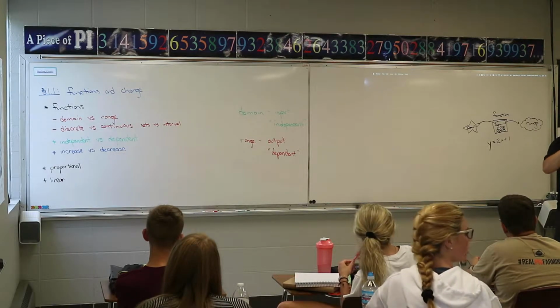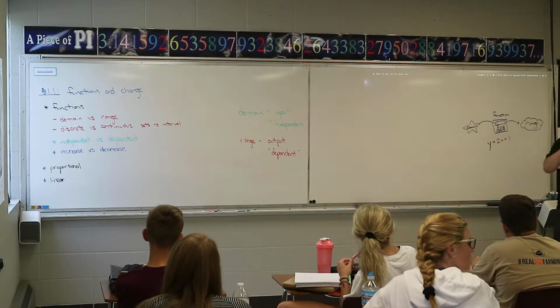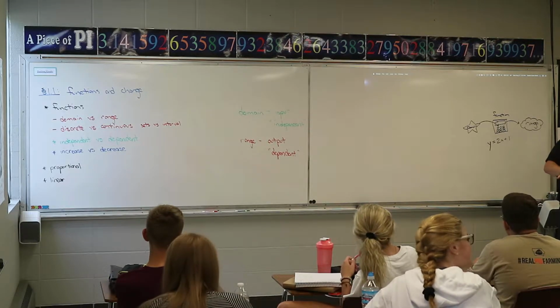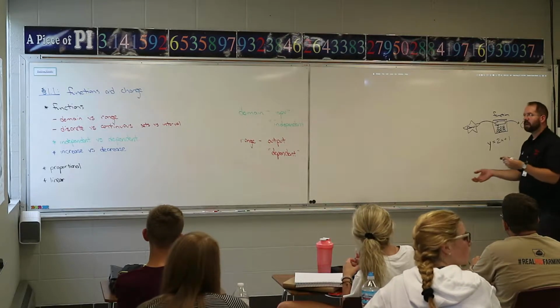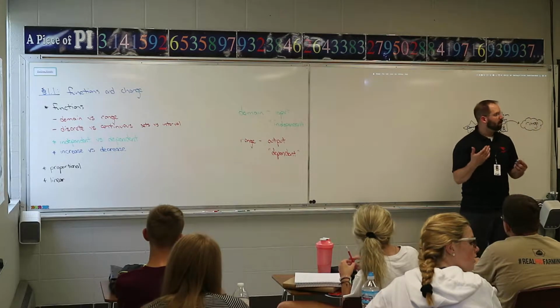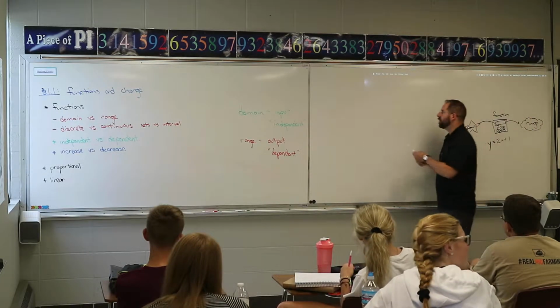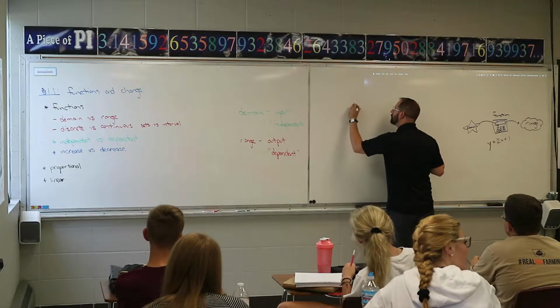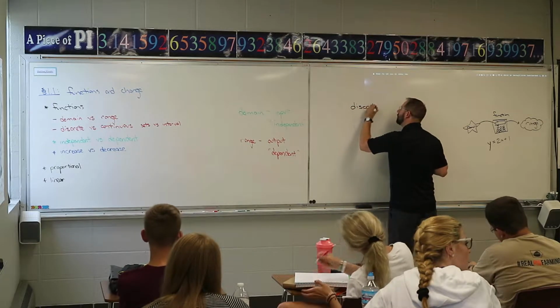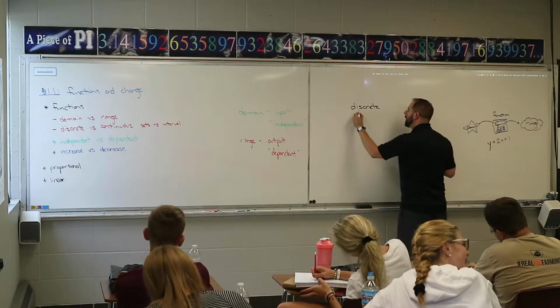Well, that's what the weather app does, right? You type in the date, boom, it spits out the temp, what it thinks it's going to be that day, or in the past, maybe just had it pre-organized for it. So the idea is that discrete is there's certain numbers you have, so the domain is limited.